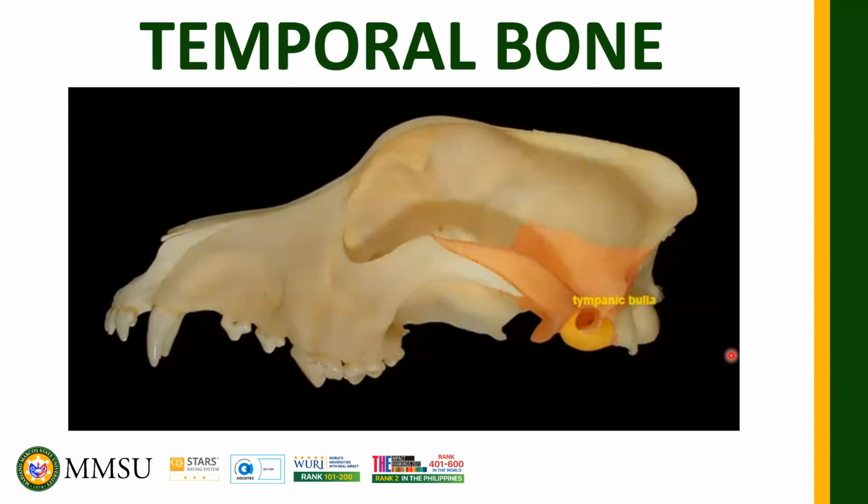Okay, we have the eardrum, the ossicles, which are the small bones, and then the parts of the cochlea. Okay, so etong tympanic bulla na to, it usually helps na makapag-shield sa mga critical components from any external damages and contamination from the environment.